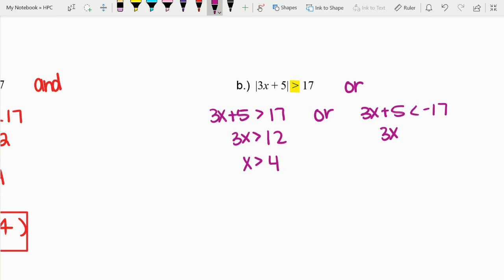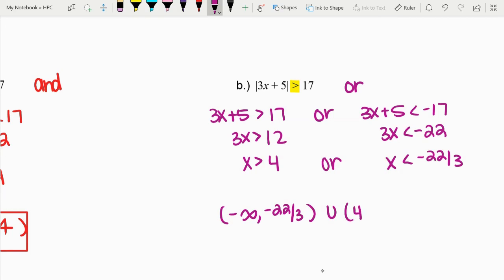Or I'll have 3x is less than -22, so x is less than -22 over 3. When I write this in interval notation, I will have negative infinity to negative 22 thirds, then union 4 to positive infinity.